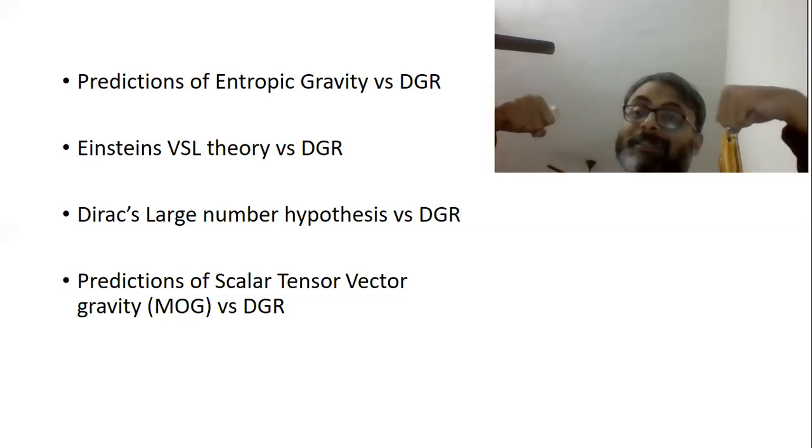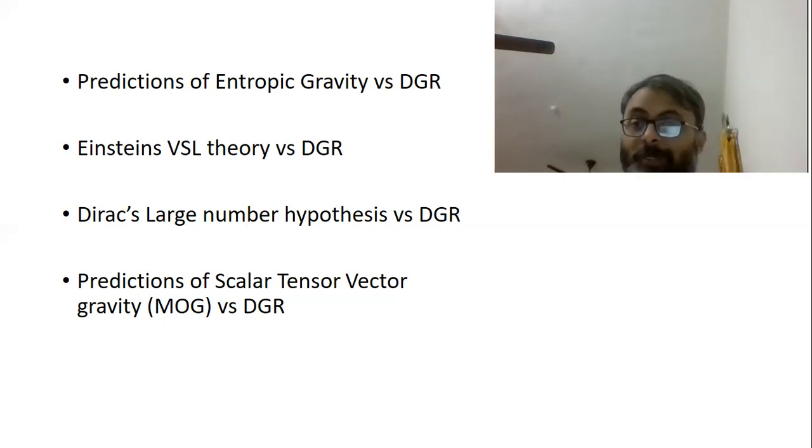That's the reason why the gravity here is weak. But as we go out to galactic levels, this hindrance is less, and that's why the gravity is much stronger, which is exactly what DGR is saying.